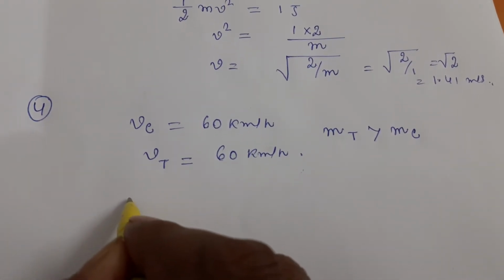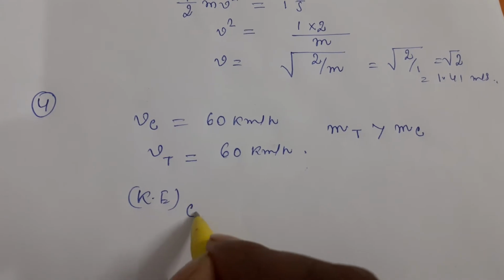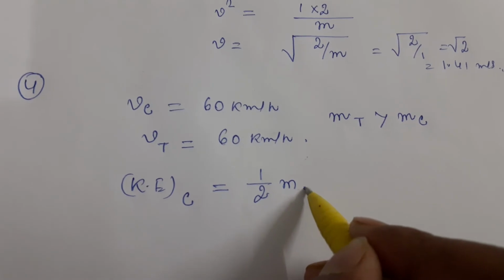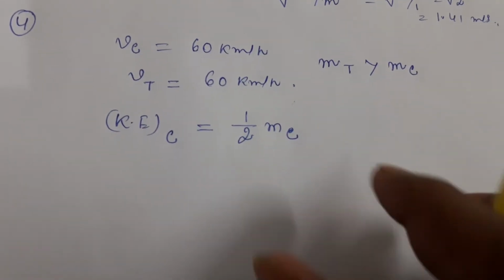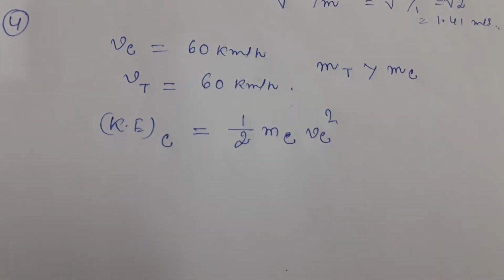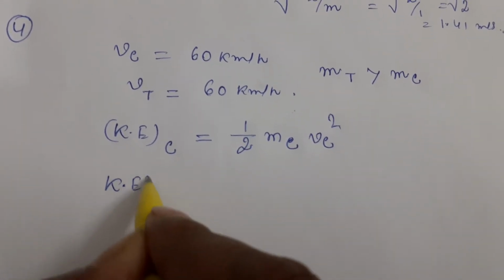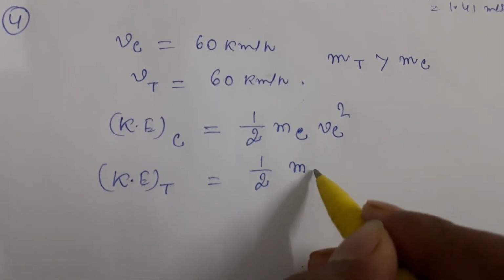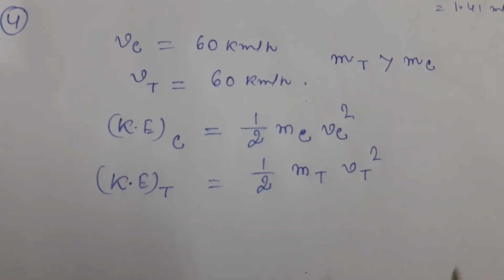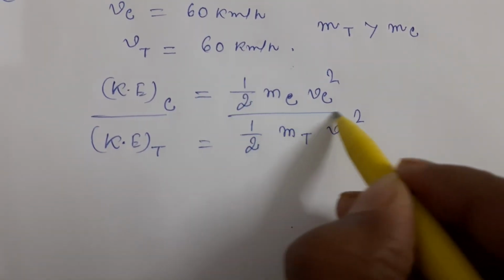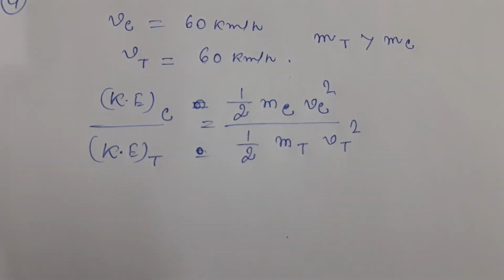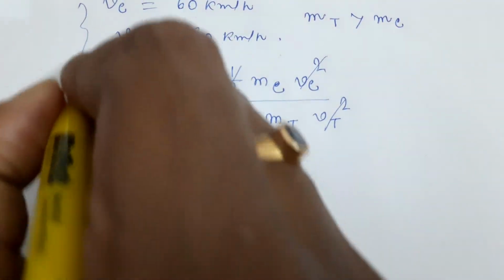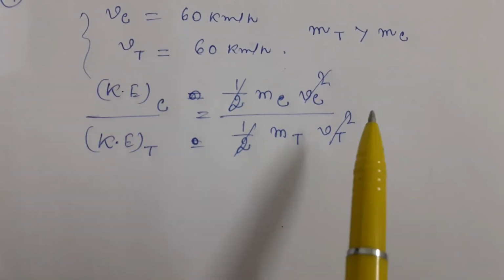The kinetic energy of the car is half m c v c square, where m c is the mass of the car. And the kinetic energy of the truck is half m t v t square. Now if we divide these two, half and half will cancel, and the velocities are equal.